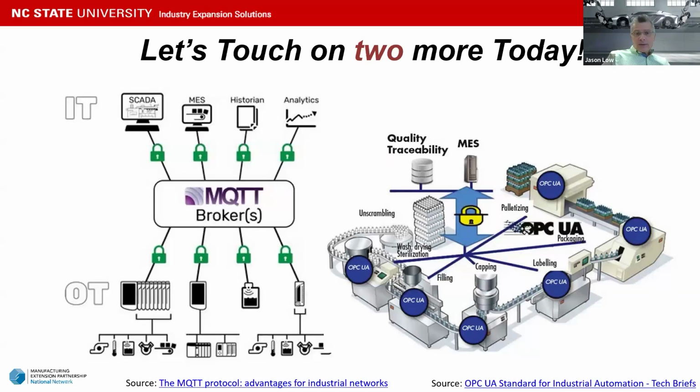And you can think of over on the left-hand side with the MQTT image, down at the bottom, you can think of all of that. At the bottom are sensors, and then it gets pushed to maybe something we call operational technology, could be a programmable logic controller, and that goes eventually somewhere, right?